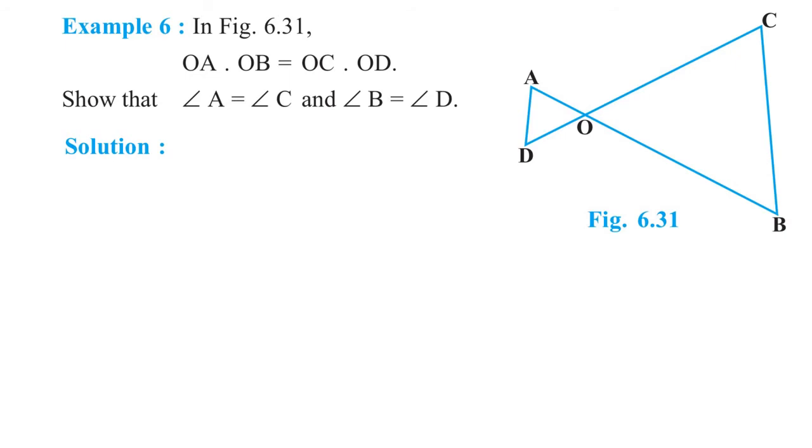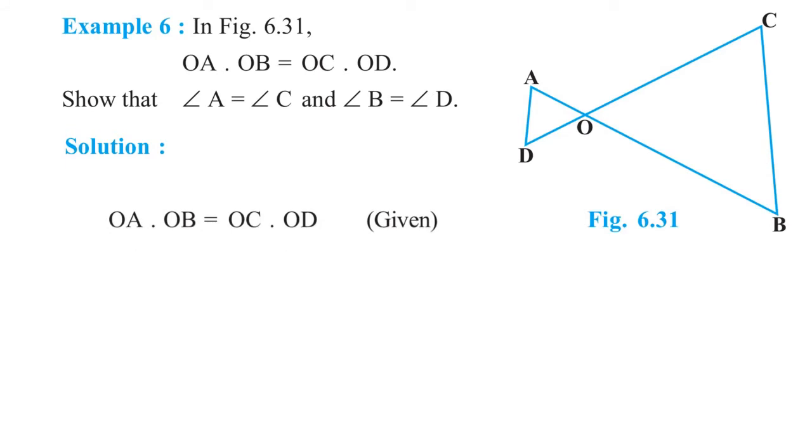Let's look at this. If OA times OB is equal to OC times OD, show that angle A is equal to angle C and angle B is equal to angle D. So let's go ahead with solving.